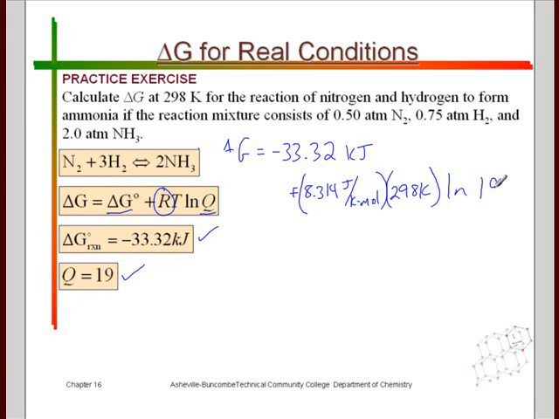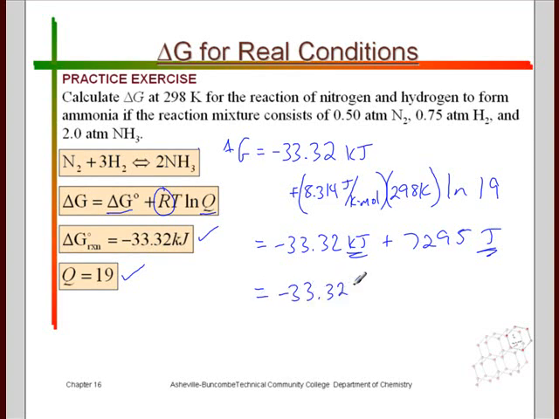Natural log of 19, and so that is equal to minus... bring that down. Kilojoules. The calculator's going to spit out that value in joules. And again, that should send off red flags for you. You've got to convert one or the other, and the way I did it in my notes, it doesn't matter which direction you go, is to say this is 7.3 kilojoules.